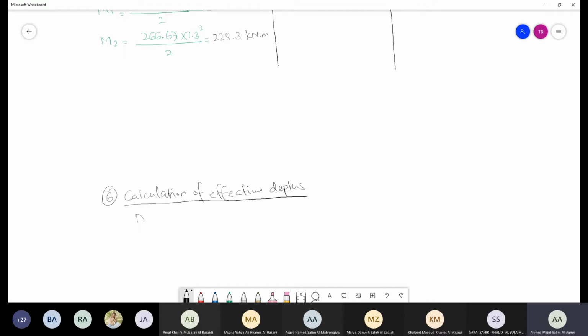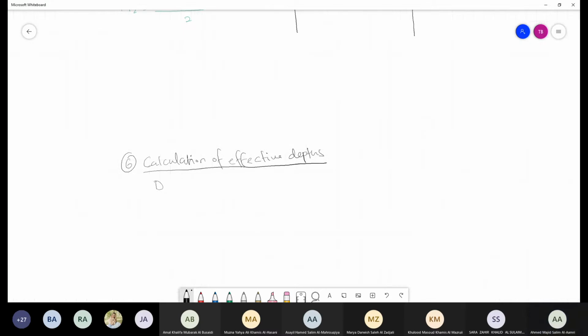Now my D capital has been given in the problem to be 600 mm. We have dx to be calculated and we have dy to be calculated.